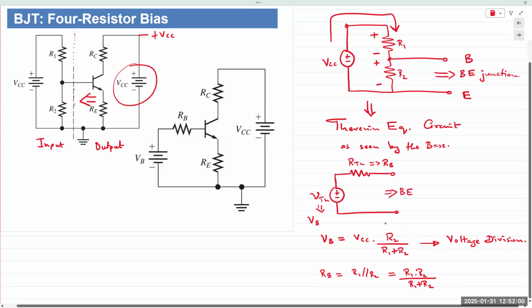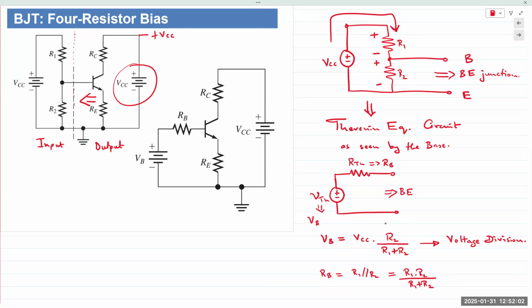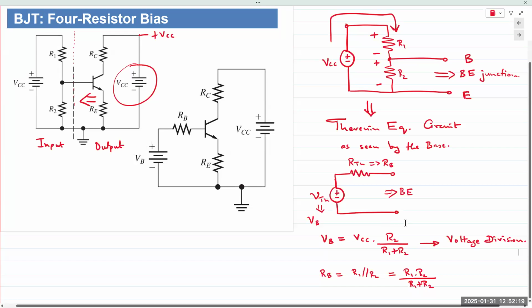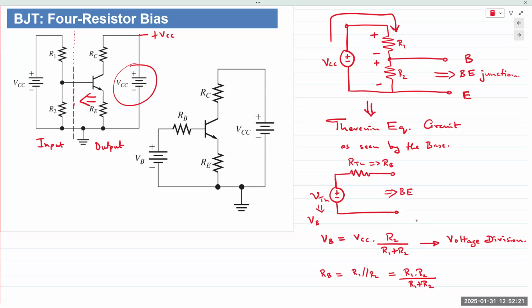Two series resistors dividing a supply voltage. So VCC is split between R1 and R2. And then whatever value drops across R2 is the VBB that is going into the base terminal. And RB would simply cause R1 and R2 to be in parallel.